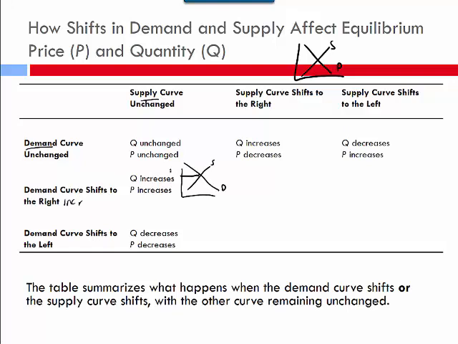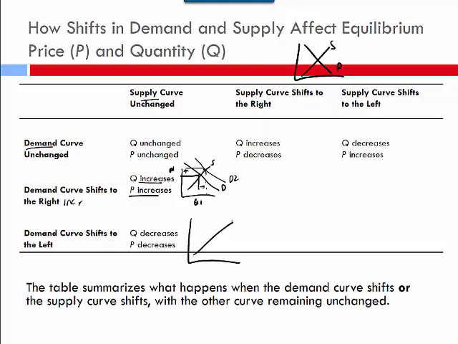I started out at price 1 and quantity 1, and then demand shifts to the right. So here's demand 2, and I go up here. I see a price increase, and here's my new quantity, and I see a quantity increase. So every time you see this situation where supply doesn't change, but demand does, you're going to see an increase in price and an increase in quantity.